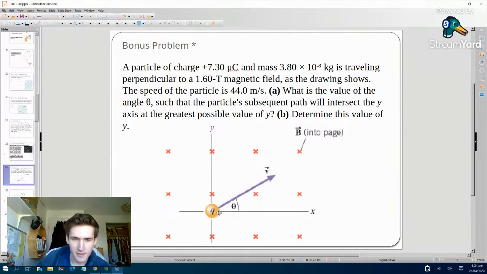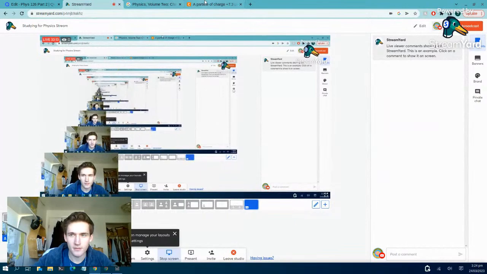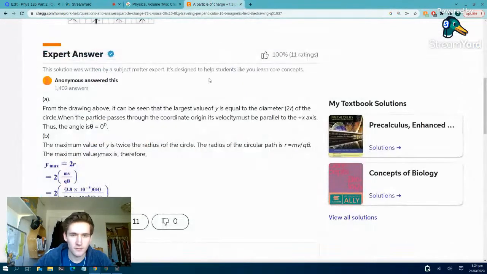Okay, now I'm confused because when we're solving for the radius and we're dividing the mass times the velocity by the charge, by the magnetic field, and then by the sine of theta, I'm not sure what the value for sine is. Do I just put 90? Let's see.